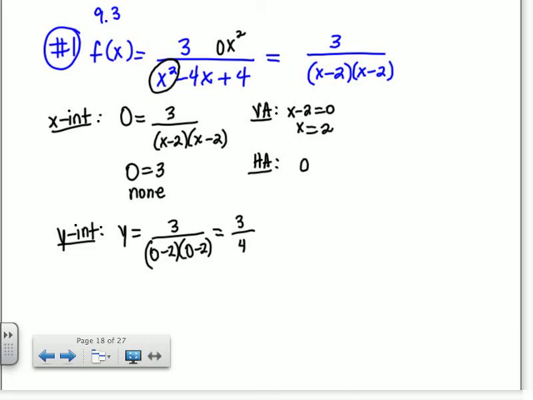So I have 0x squared over 1x squared. So it's y equals 0 over 1, which is 0. So y equals 0. Are there any slant asymptotes? No, there's only a slant when the degree of the numerator is exactly 1 more than the degree of the denominator. So if I had x cubed on top, then there would be.